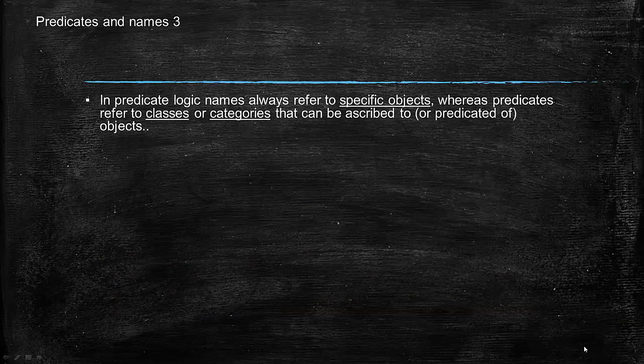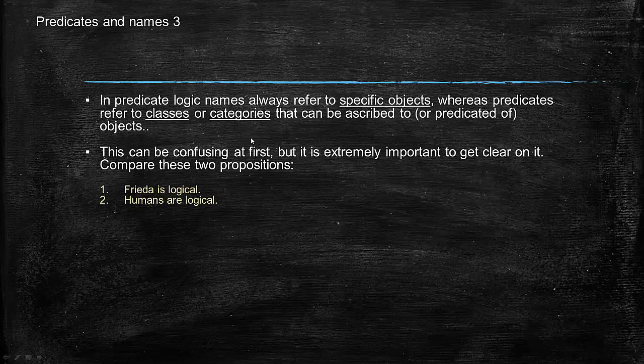Okay, so in predicate logic, names always refer to specific objects, whereas predicates refer to classes or categories that can be ascribed to or predicated of these objects. So this is a simple thing to say, but it can be confusing when you start to get into actually translating things.